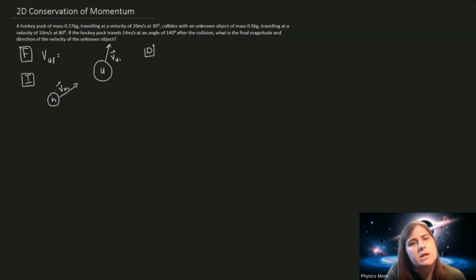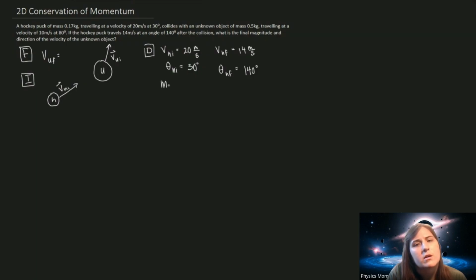For our data points, I have V, H, I. I'm going to write this just in terms of the magnitude, and then I'll write the direction as a separate data point. So this is 20 meters per second. This will be theta, H, I, which is 30 degrees. I have V, H final as 14 meters per second. That's the hockey puck's final velocity. The final angle for the hockey puck is 140 degrees.